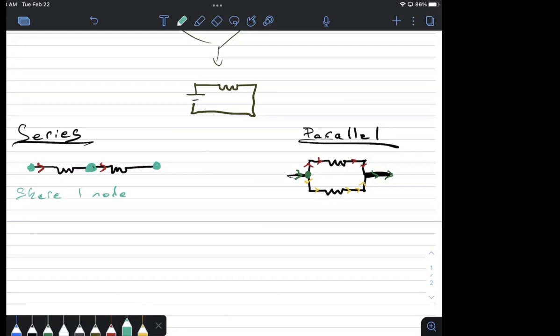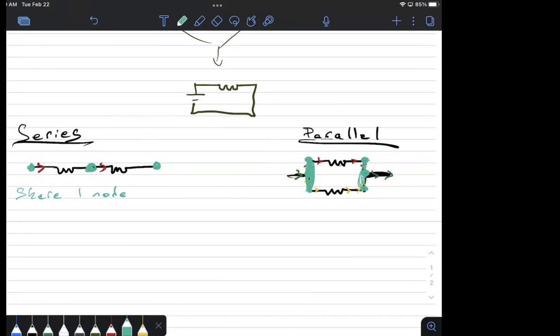But then if we do parallel, the rule is the same thing: on either side of each resistor or voltage source or whatever in your circuit, you put a node. So we would have a node here and here for that resistor and here for this resistor. And then we said, well, look, on the left side of these resistors, all of this stuff is just wire and there's nothing else there. So really, even though I drew it as two separate nodes, one on the top path, one on the bottom path, they're the same thing. It's just a piece of wire sitting there. And the same goes for the right side.